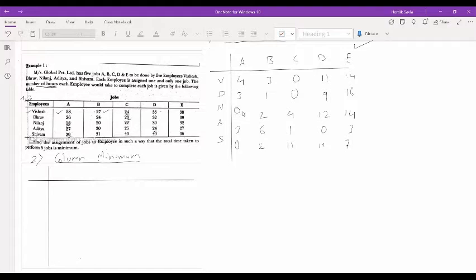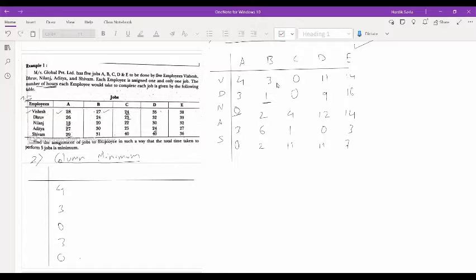Minimum value is 0. You all already know that when the minimum value is 0, the entire column will remain as it is, because when you subtract 0 from all the other values, it is not going to change any of the values. 4 minus 0 is 4, 3 minus 0, 3, and so on. So we will write the same column as it is. Second column, minimum value is 1.